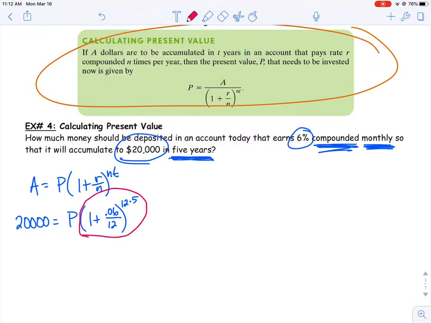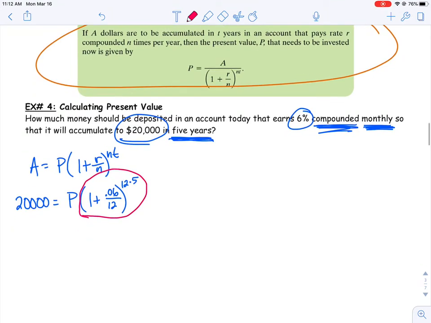Or if I'm trying to solve for P, do you notice that this whole piece is right next to the P, the principal amount, which means multiply? So in order to get P by itself, wouldn't I then have to divide? So that's what we're going to do. We're going to find that P by taking the 20,000 and dividing it by that big old chunk over there, which really is this formula.